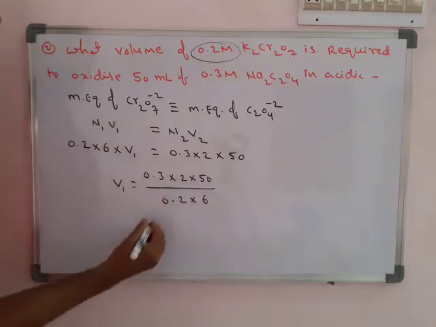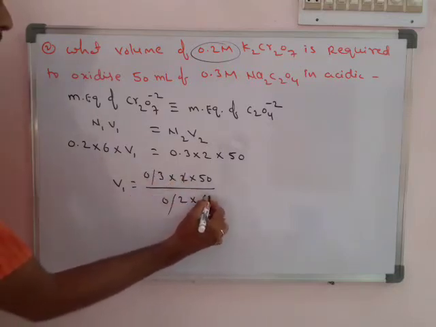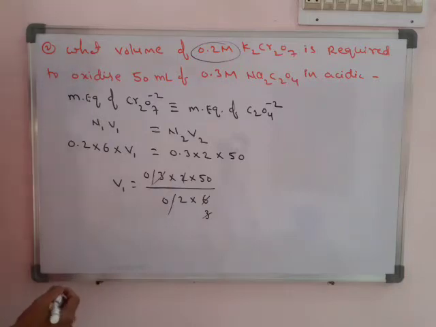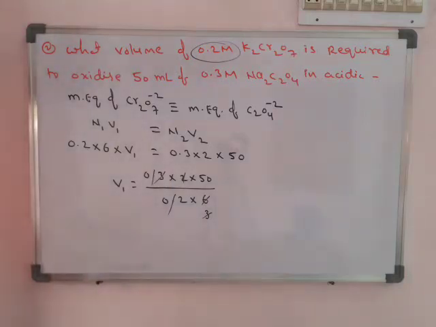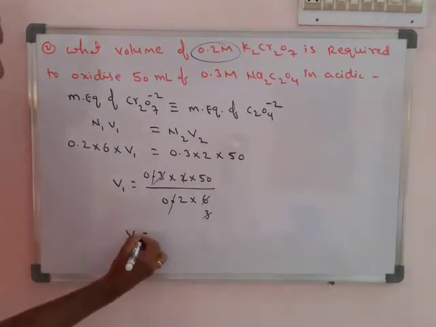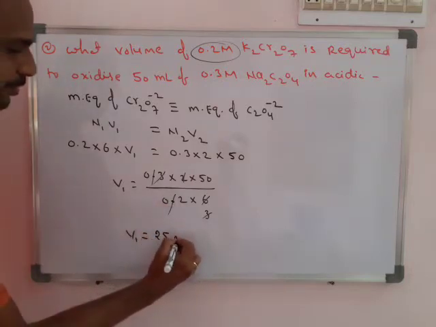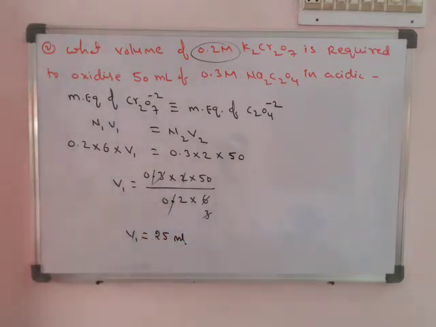So 0.2 into 6, the 1 gets cancelled, and the total is 50 milliliters. So 0.3 into 2 into 50 divided by 0.2 into 6 gives 25 milliliters.